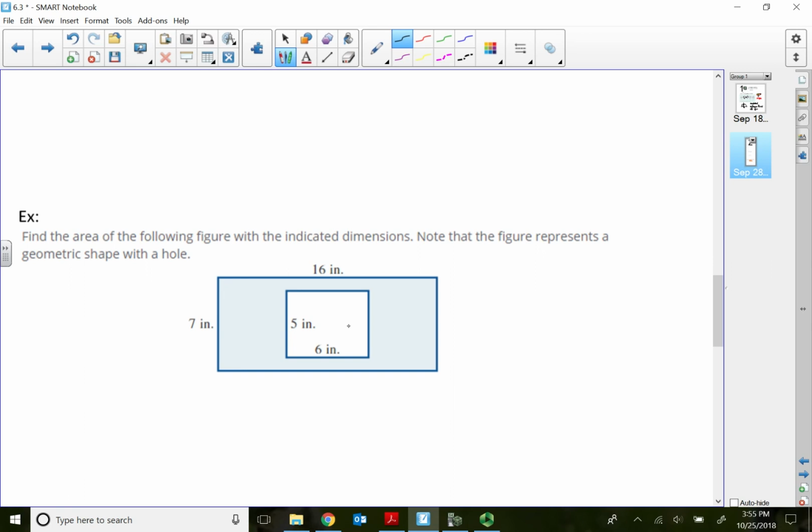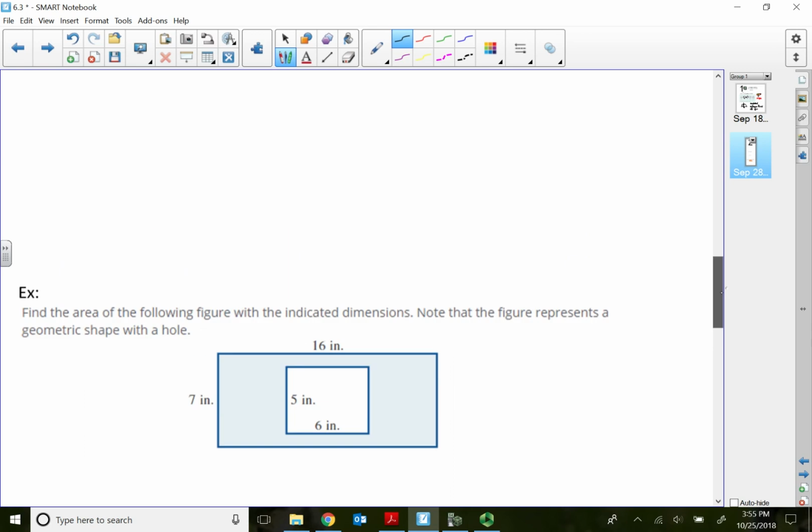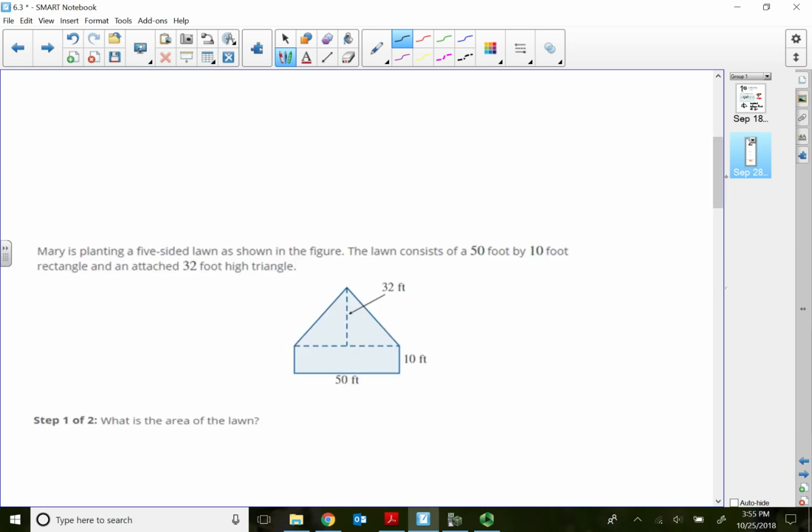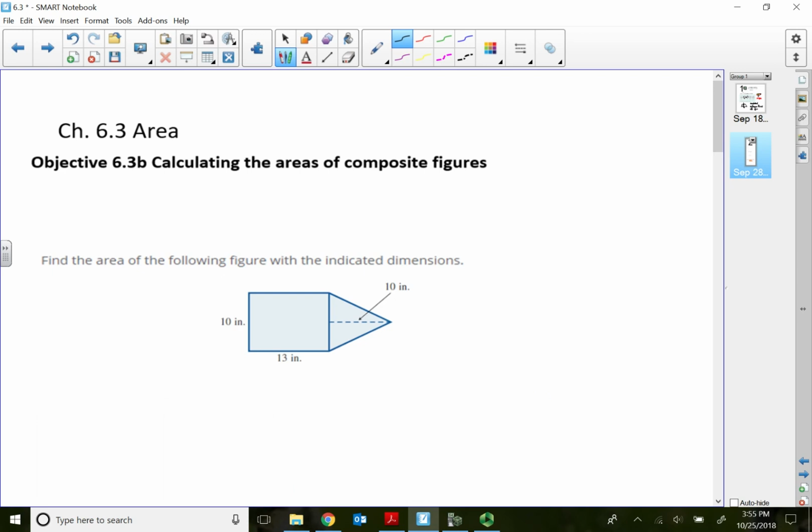In that case, we will subtract: we take the big area and subtract what's inside of it. That will give me the remaining shaded portion. All right, so there are two different types: a shape beside a shape and a shape within a shape.